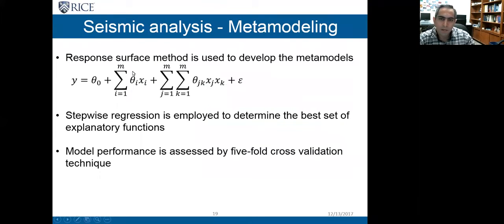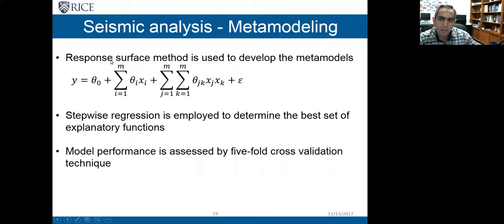By metamodel, I mean a mathematical expression which predicts a target response as a function of input parameters, which we call predictors. For example, in this equation, y can be the maximum rocking angle, and x's, which are the predictors, could be the earthquake intensity measure, or the friction coefficient between the cask and the pad, or the dimensions of the cask.